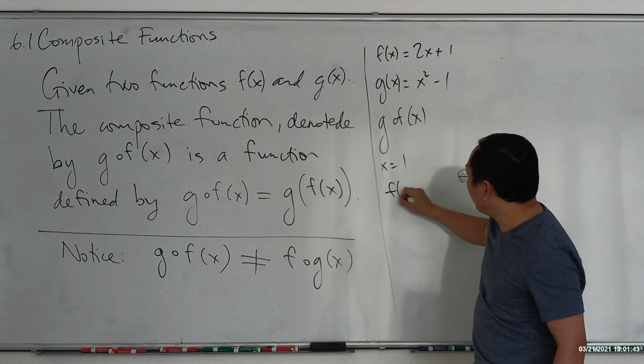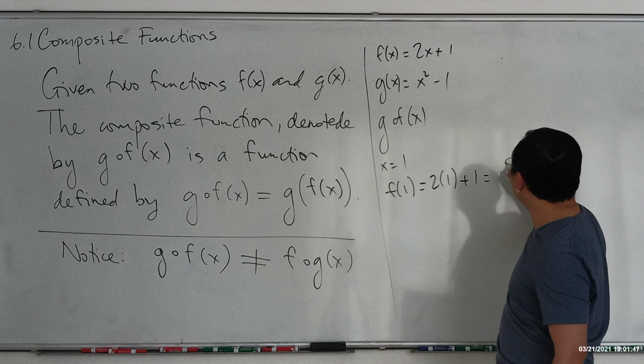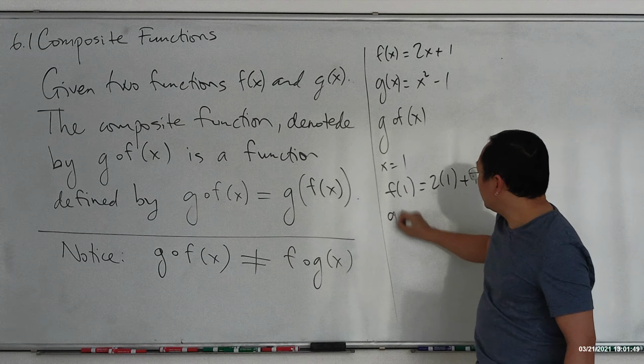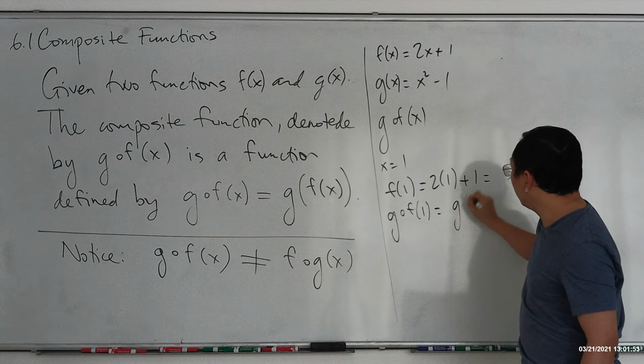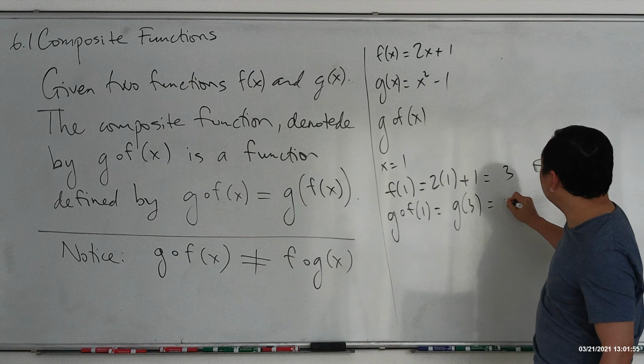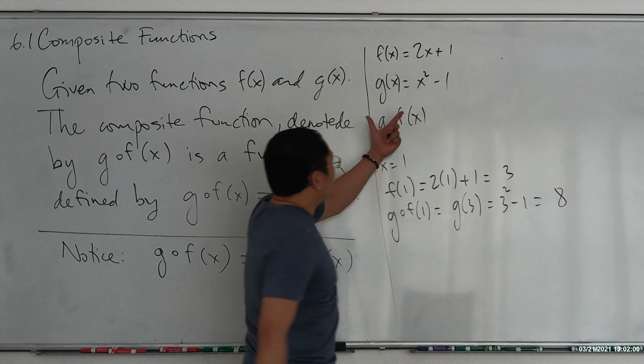First of all, I calculate f of 1. f of 1 is 2 times 1 plus 1, which is equal to 3. Now, g of f of 1 is equal to g of 3, and that's equal to 3 squared minus 1, which is equal to 8.